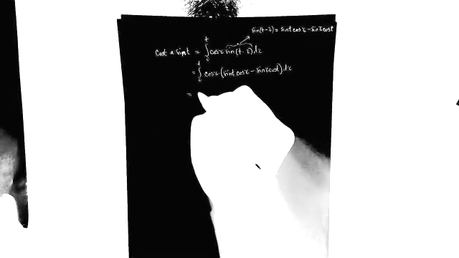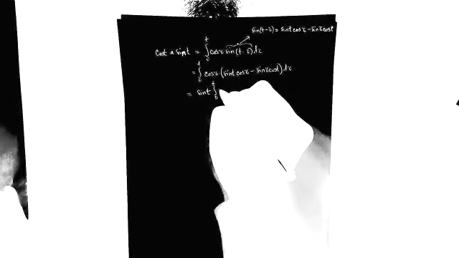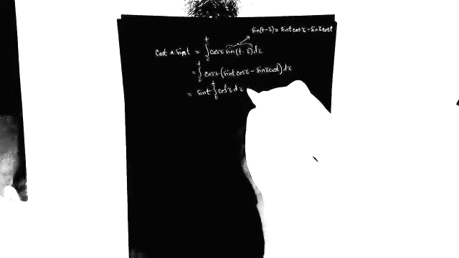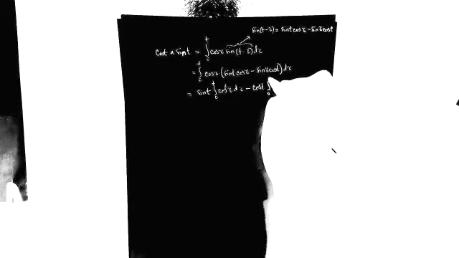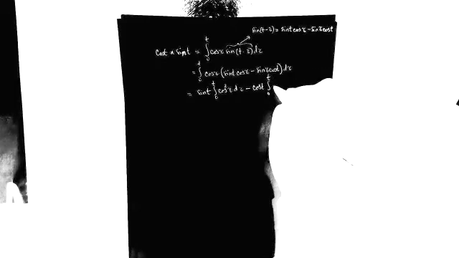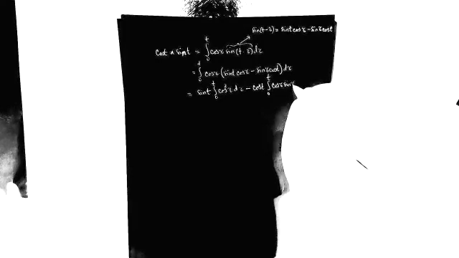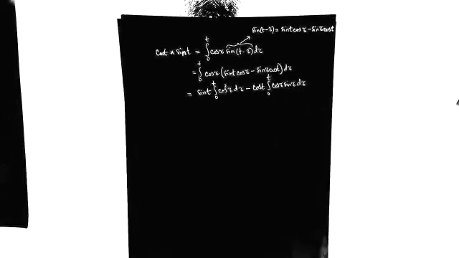Now I can open the parenthesis, sine t can get out, and that's going to be sine of t integral 0 to t of cosine squared tau d tau minus cosine of t integral 0 to t of cosine tau sine tau d tau.